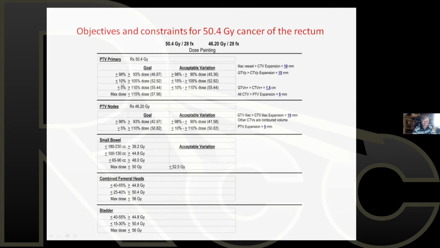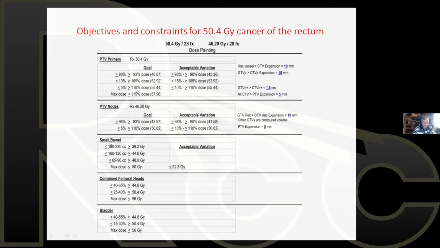And then, as far as hotspots within the rectum, less than 10% of the rectum should not have a hotspot over 5%. Less than 5% of the rectum shouldn't have a hotspot of over 10%, and we don't want any part of the rectum to get over 15% of the dose.